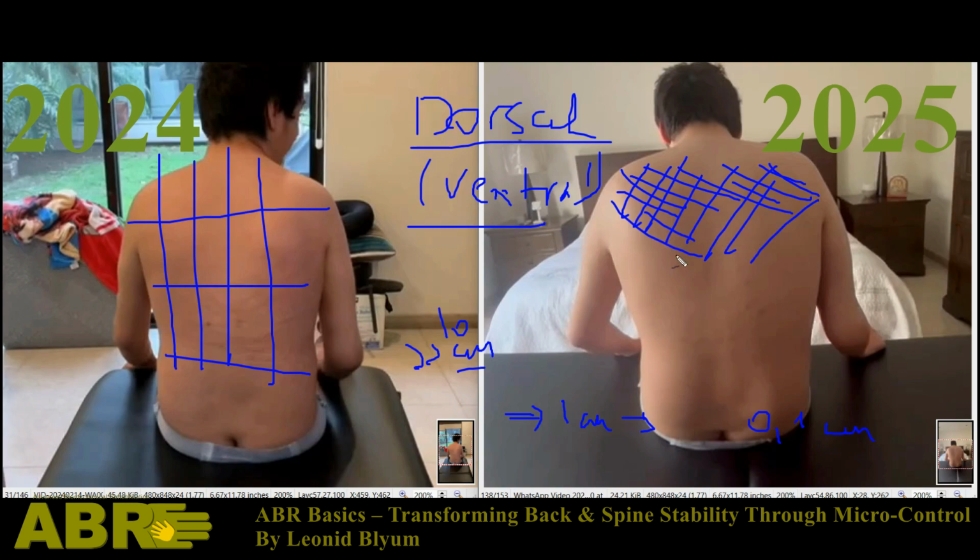And of course, there is a reason why I put them in this diagonal fashion, and here is a rectangular one, because that's how the external layers are oriented, right? So you see, that's the orientation that you would really see within the latissimus. That's the natural orientation within trapezius.